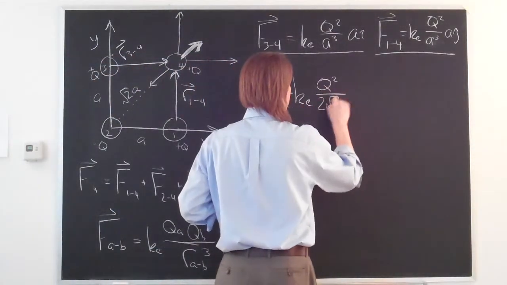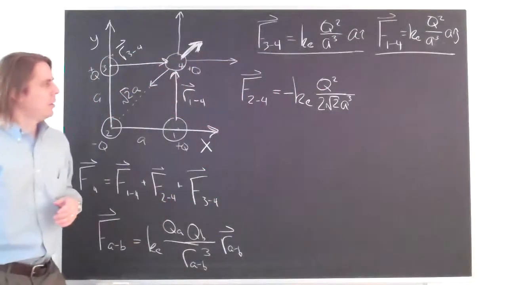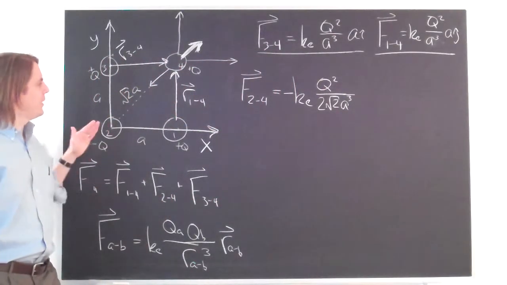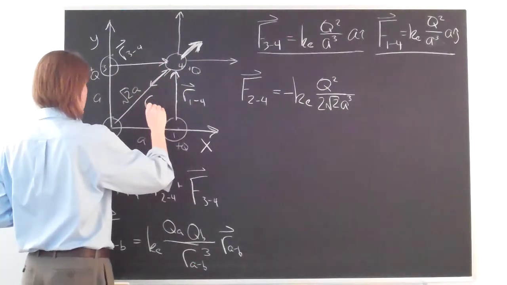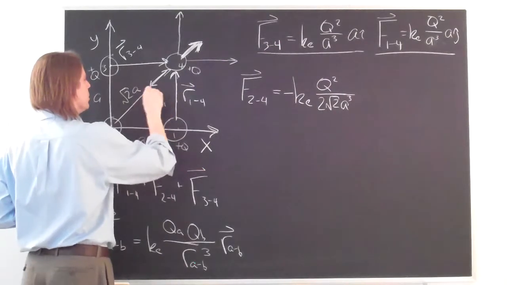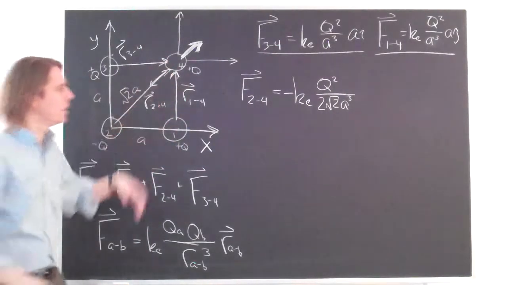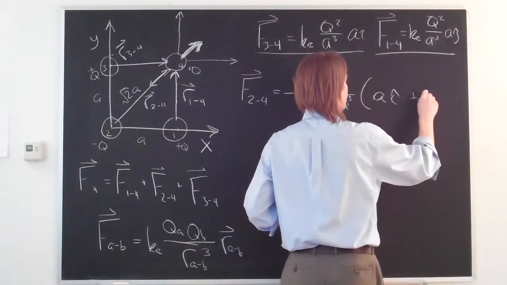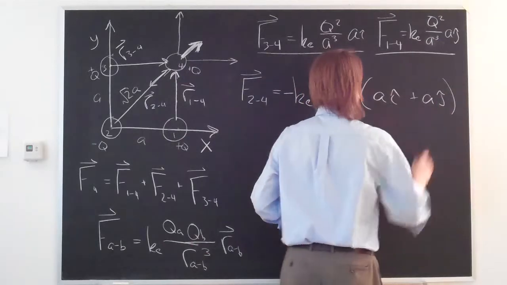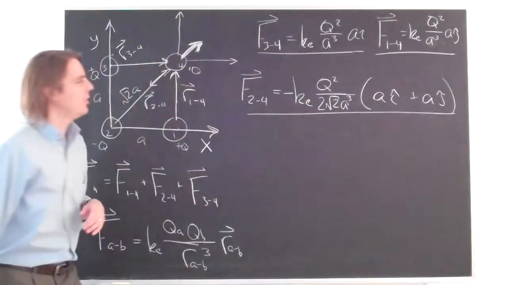So 2 times the square root of 2 A cubed. Then we multiply by the vector that goes from 2 to 4, R 2-4. What is that vector? It's A on the x-axis and A on the y-axis: A I hat plus A J hat. And that's actually it. You're now done with F2 to 4. There's nothing else to do.